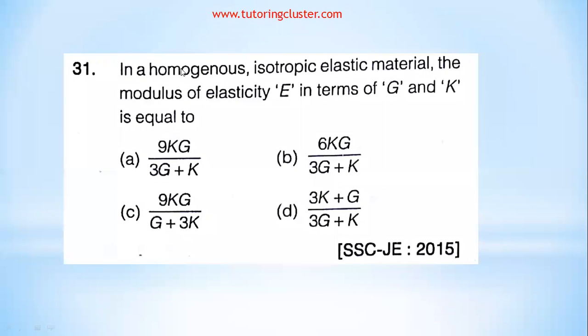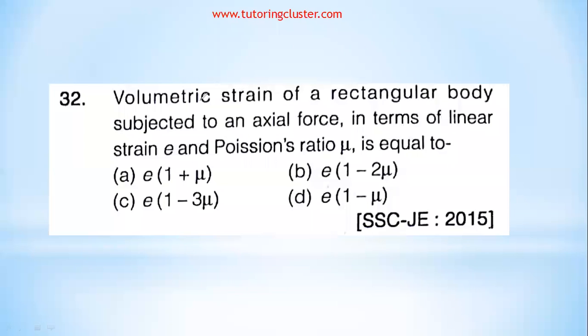Next, let us see question number 32. It is a question based on the volumetric strain of a rectangular body subjected to an axial force, in terms of linear strain e and Poisson's ratio mu. What is volumetric strain?